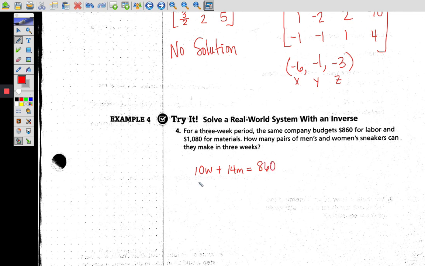Now, for materials, women's sneakers take $12, and men's sneakers take $18. And they have budgeted $1,080 worth of materials.